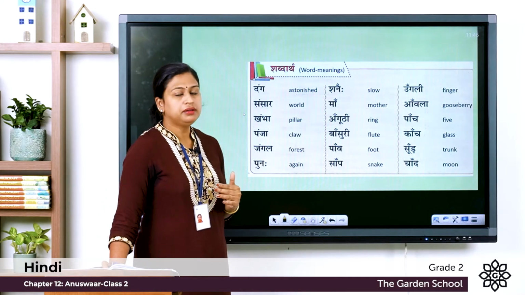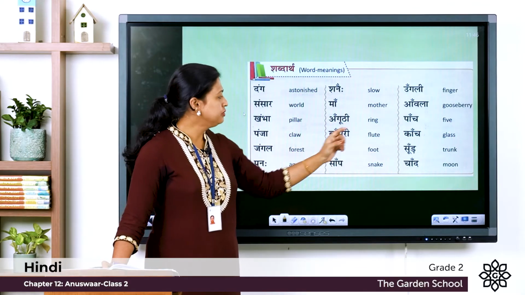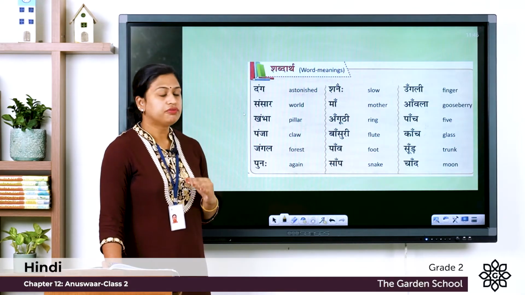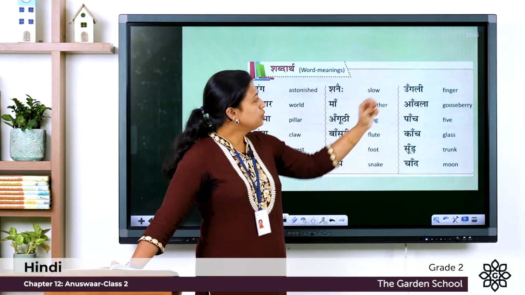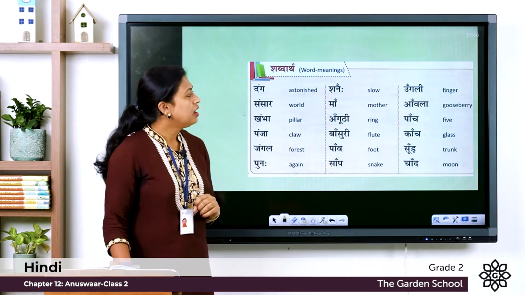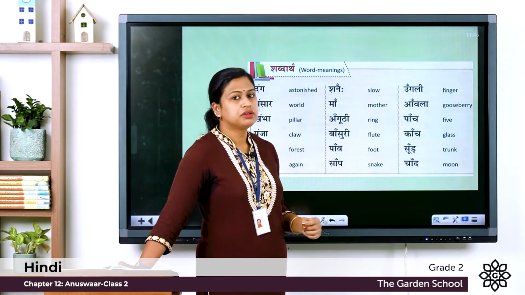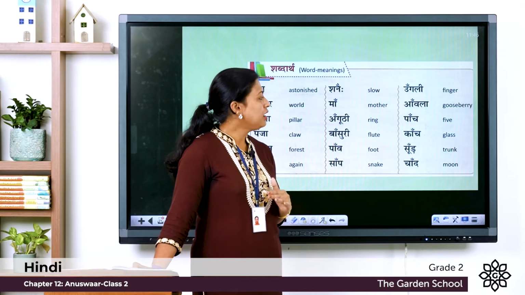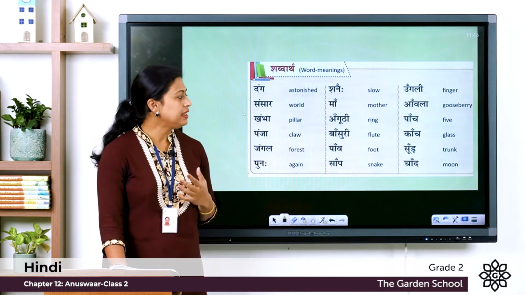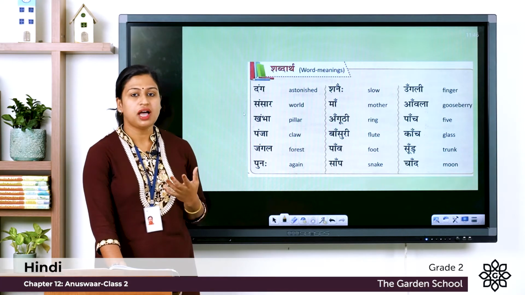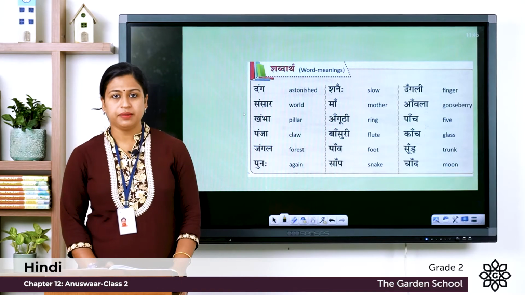Ma, mother. Anguti, ring. Basuri, flute. Pav, foot. Samp, snake. Ungli, finger. Amla, gooseberry. Next one, panch means 5. Kanch, glass. Soond, trunk. And the last one is chand. Chand means moon. So these are the words with meaning.